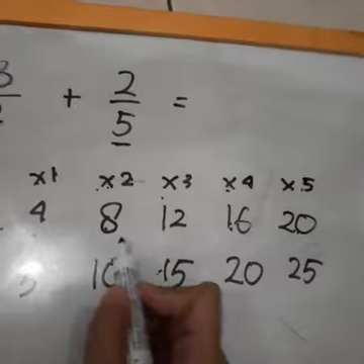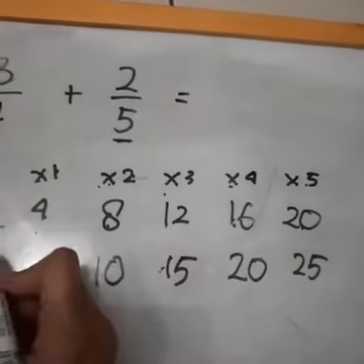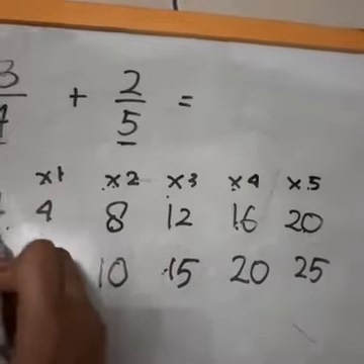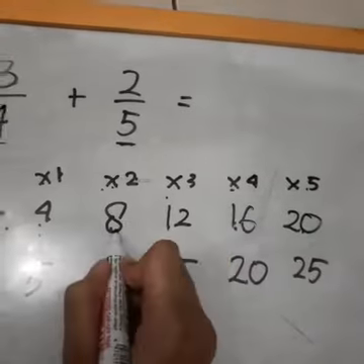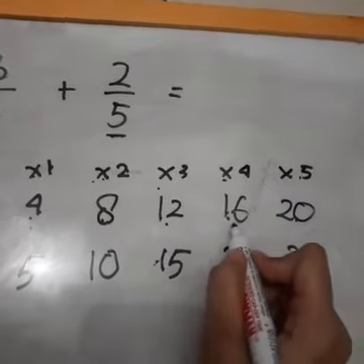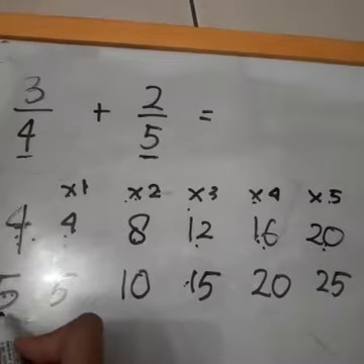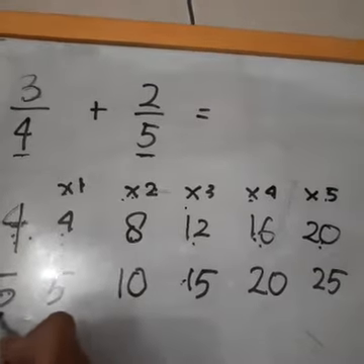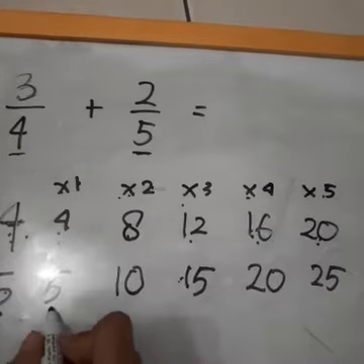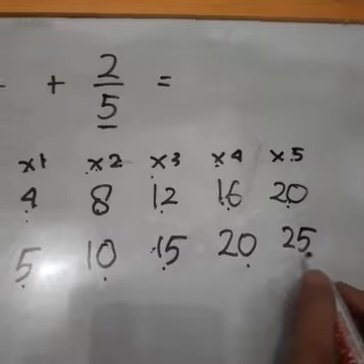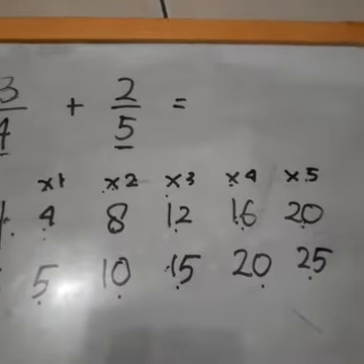We can see here the multiples of 4 are 4, 8, 12, 16, and 20. And the multiples of 5 are 5, 10, 15, 20, and 25.